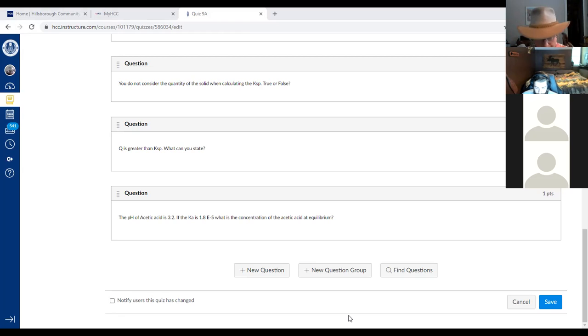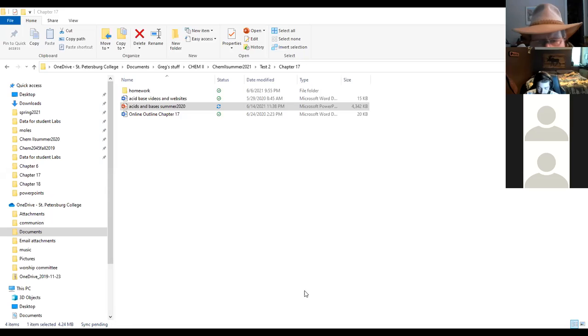Correct. My problem was I didn't know where to put the H. When you put 10 to the negative value of the pH in the calculator, I got that value. I just didn't know where to put it in the ICE diagram, whether it was HA initial or the hydronium.